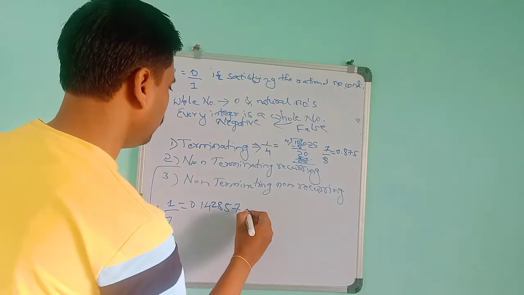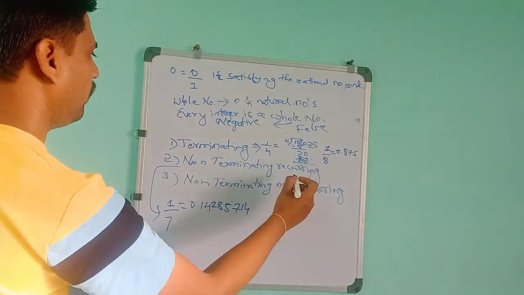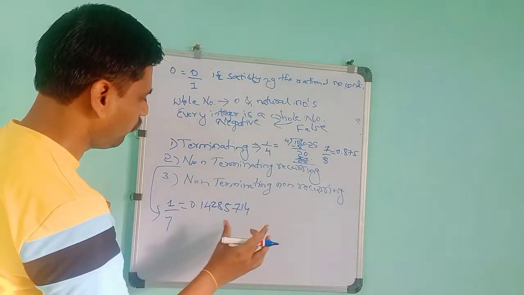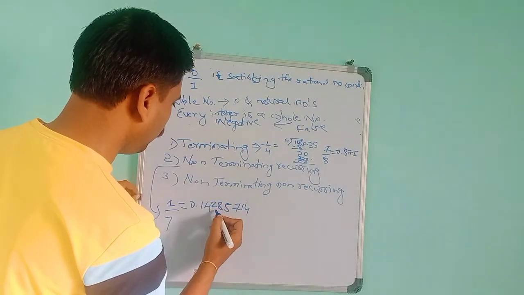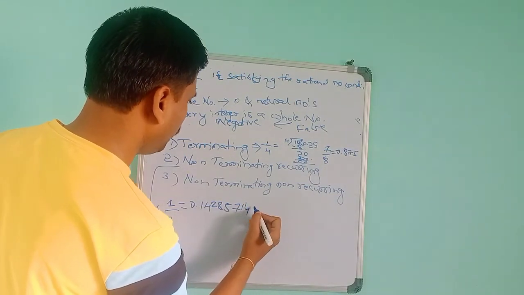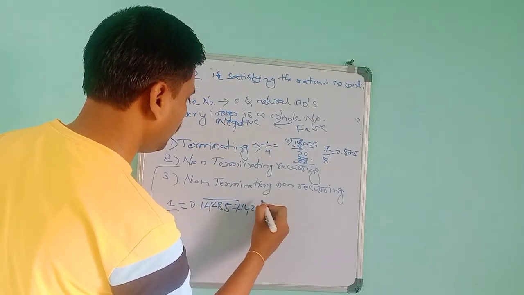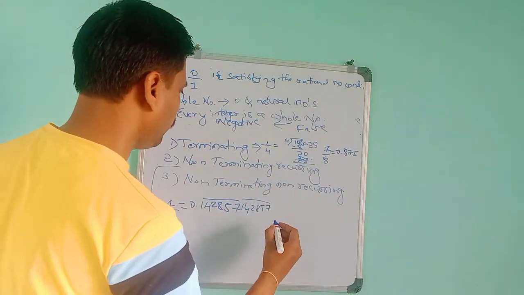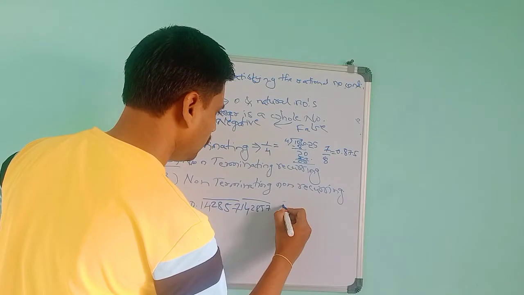So this is non-terminating recurring. Non-terminating recurring means it is not completely divisible, and recurring means for some numbers it is repeating. So here see 142857. Again here it is coming 142857. So up to these numbers it is coming again and again. So it is non-terminating recurring. One more example you can take, 10 by 3.